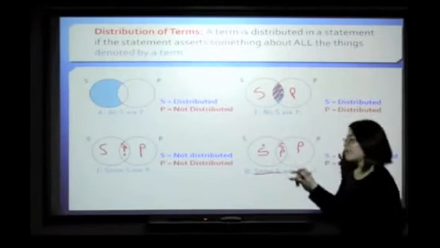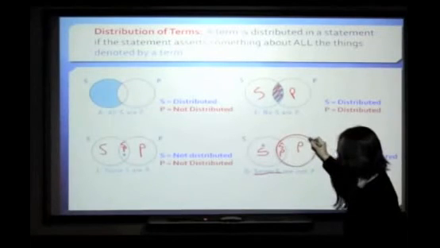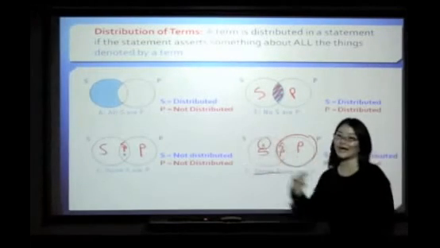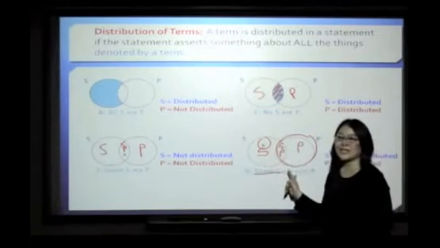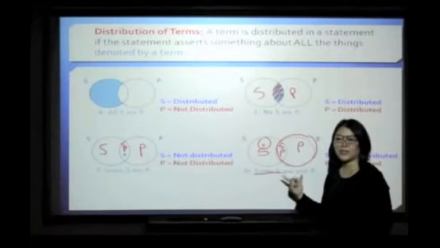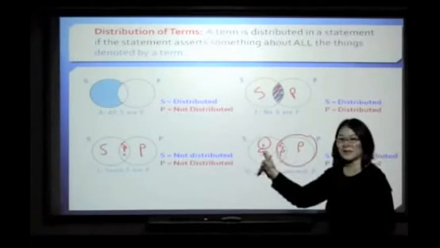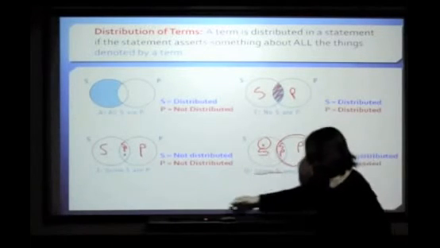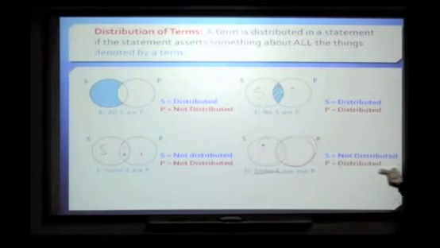It's saying that of all the things that are P's, there is at least one thing outside of that category. So it is actually stating something about all the things that are P's. Specifically, there's at least one thing outside of that category that's not a P. In this case, then, we have the predicate term distributed, but the subject term not distributed.